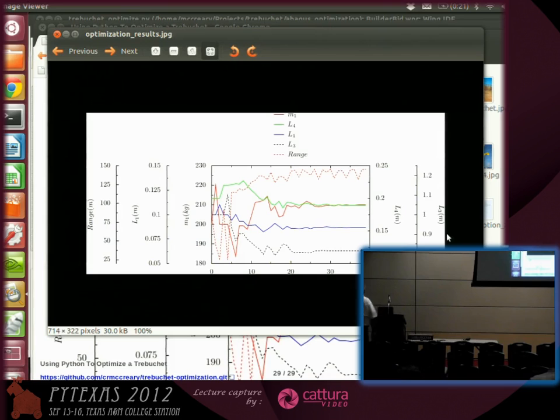Now keep in mind I cheated on this because I kind of knew where to start. So I didn't use unreasonable values, and I used values that were fairly close. But notice how the range kind of varies wildly until about the 5th or 6th increment, and then it starts, okay, I know where to go now, right? If we remember, L1 is the length of that counterweight arm between the axis and where the counterweight hangs from.